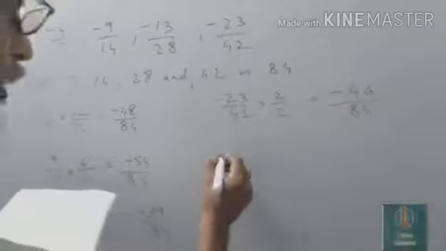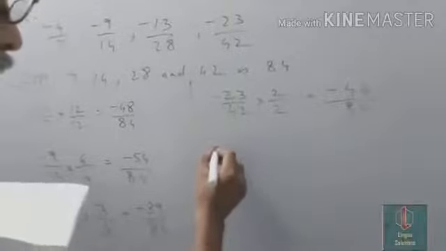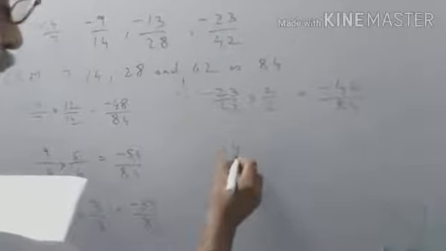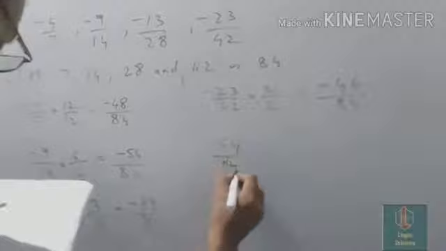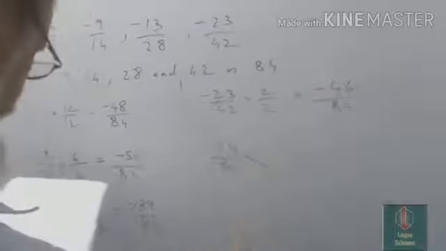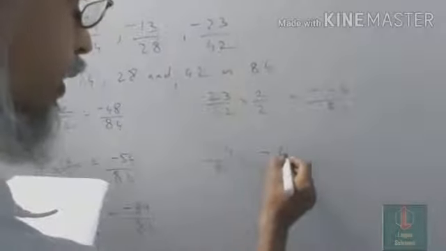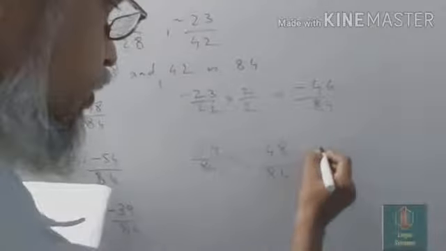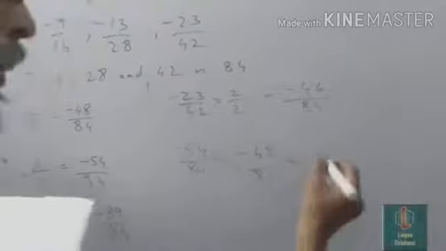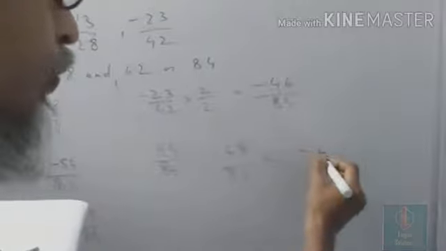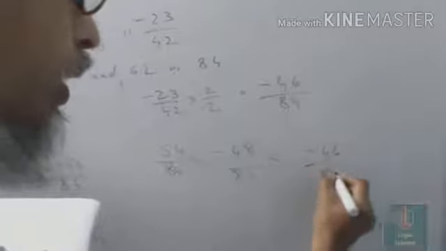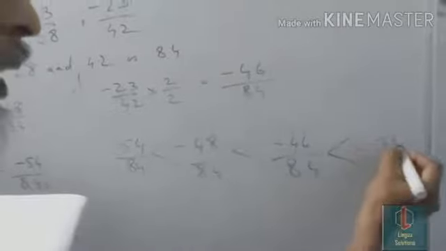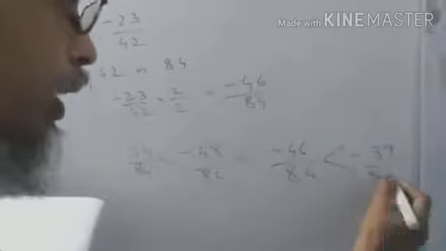Now we can arrange it as minus 54 by 84 is less than minus 48 by 84 is less than minus 46 by 84 is less than minus 39 by 84.